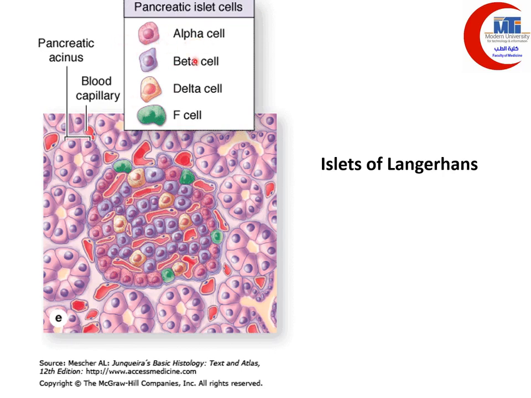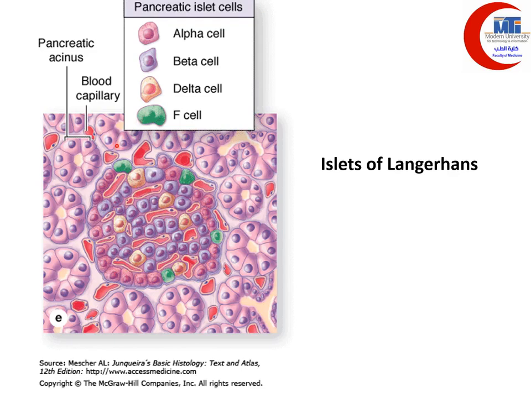about 20%. Beta cells. Beta cells are the main cells in islets of Langerhans, which form about 70%, and delta cells, which form about 2 to 5%.